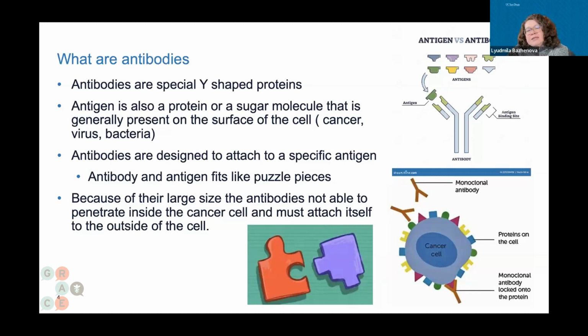This antibody is designed so that it's only going to attach to a triangle. It's not going to attach to the square or the semicircle. So you can think about antibodies like puzzle pieces, right? In order for the piece to fit, the puzzles have to be created so the opposite side fits perfectly well.